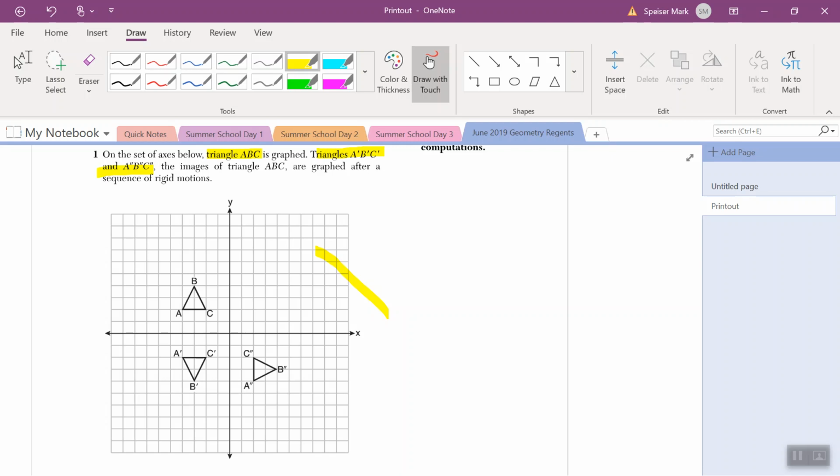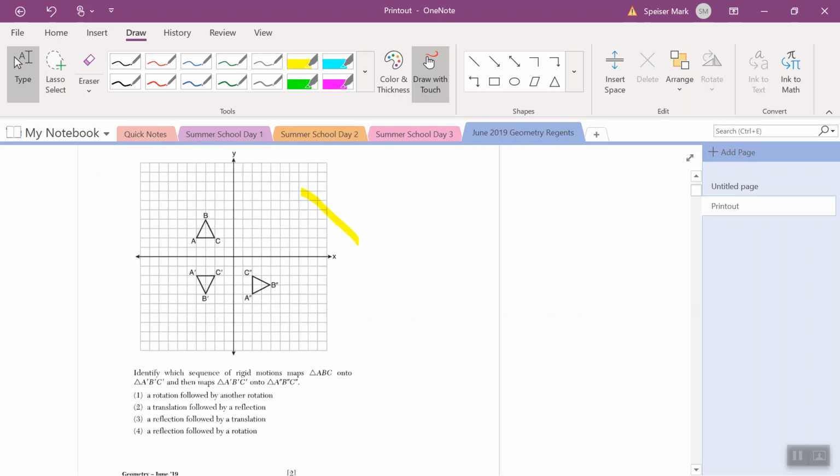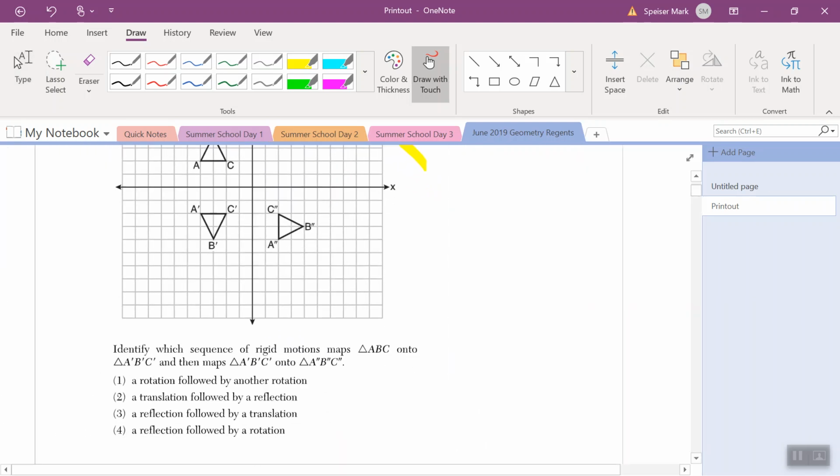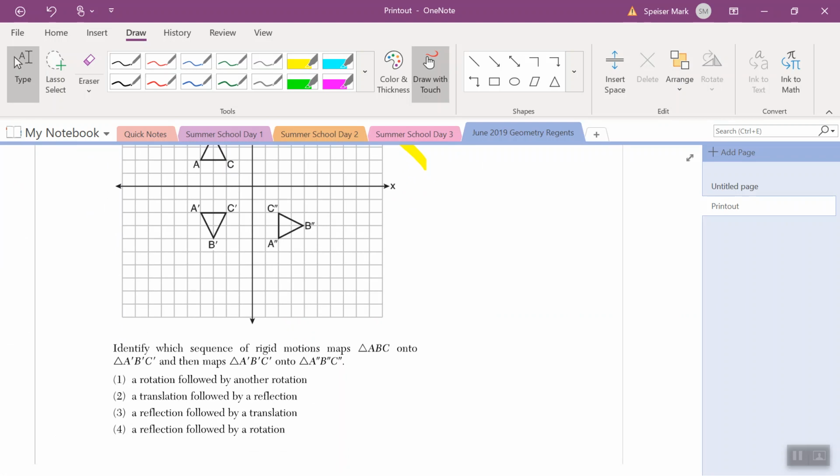The triangles are graphed after a sequence of rigid motions. Identify a sequence of rigid motions that maps ABC onto A prime, B prime, C prime, and then maps A prime, B prime, C prime onto A double prime, B double prime, C double prime.